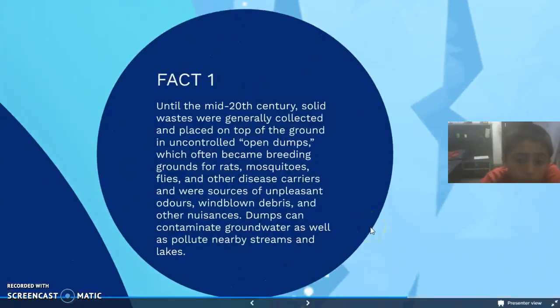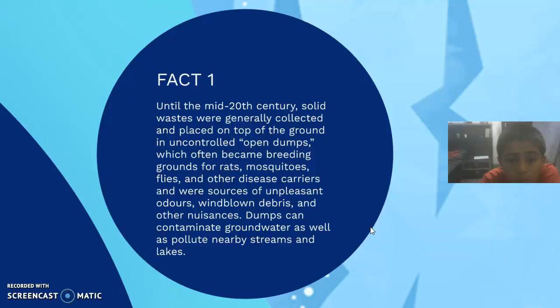Until the mid-20th century, solid waste was generally collected and placed on the top of the ground in controlled open dumps, which often became breeding grounds for rats, mosquitoes, flies, and other disease carriers and were sources of unpleasant odors, windblown debris, and other nuisances.